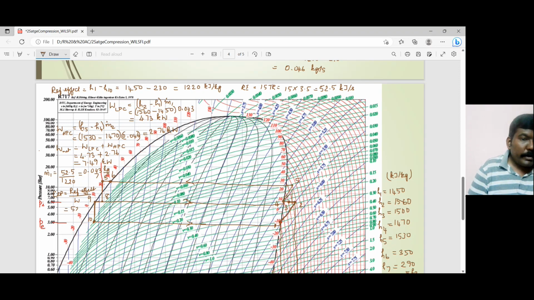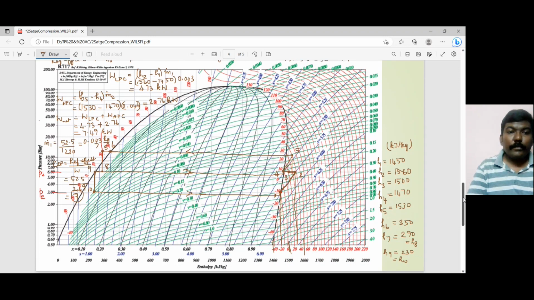So 52.5 divided by 7.49, which is about 7. So the COP is 7. So we have estimated the work input to both the compressors and we have also estimated the COP.